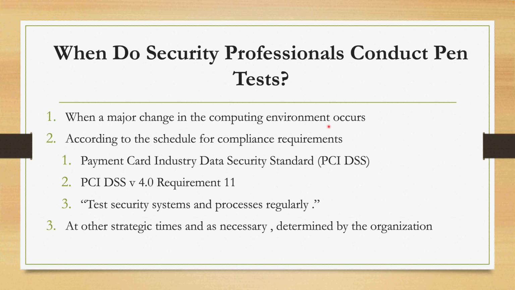Examples include deployment of a new application or system, major infrastructure changes such as cloud migrations or hardware replacement, application updates that come with new features or patches, or any changes in security configurations or policies.